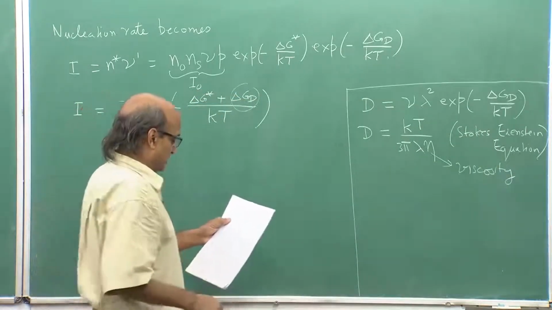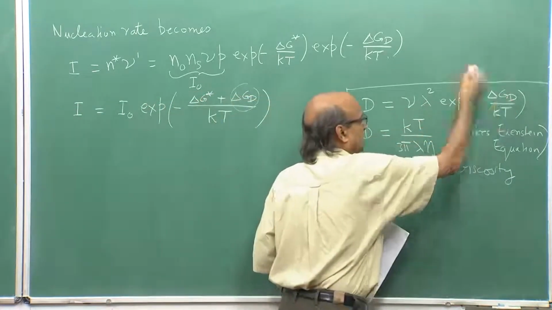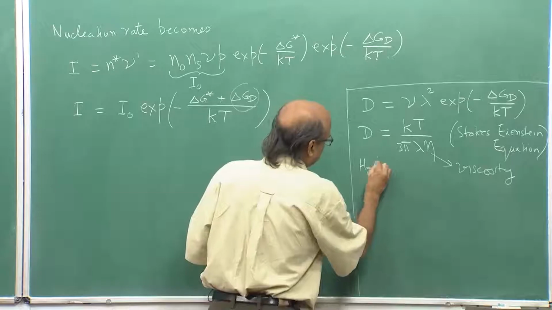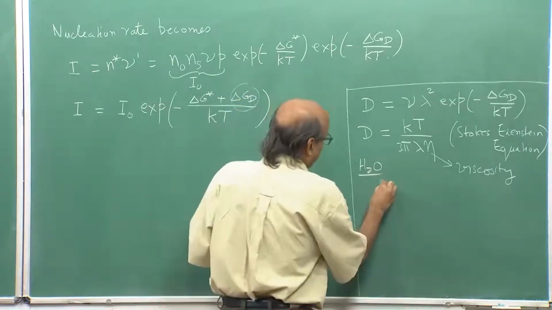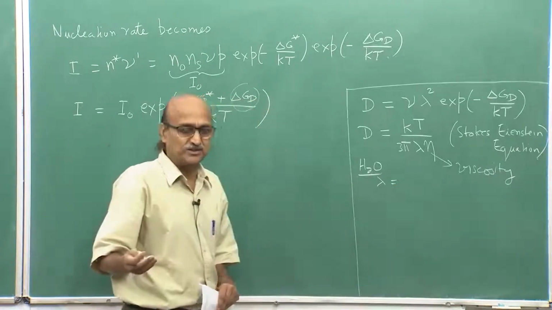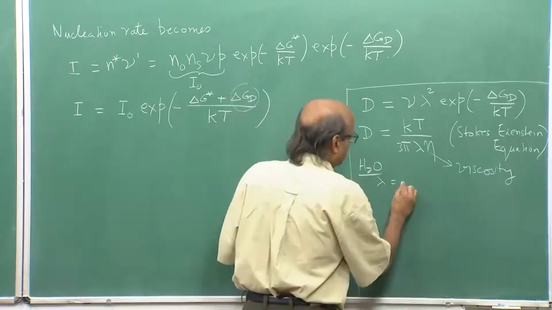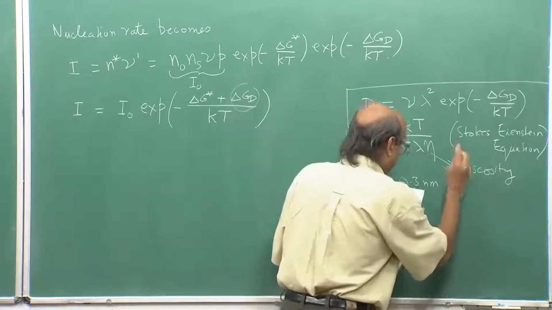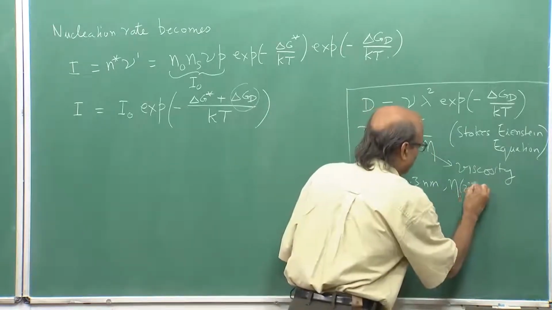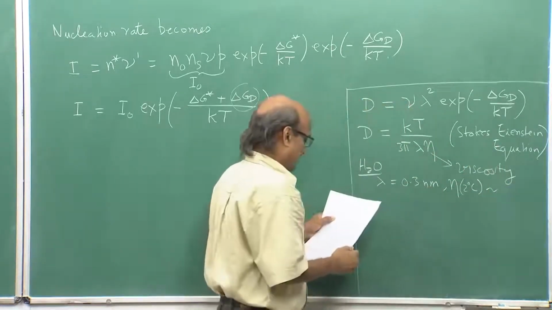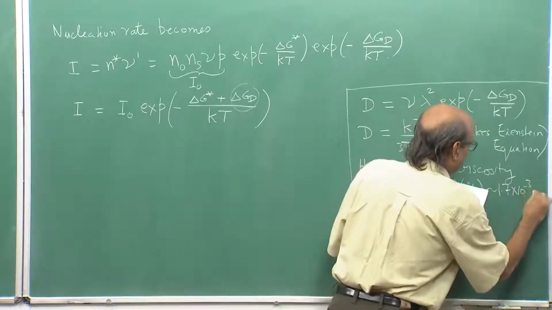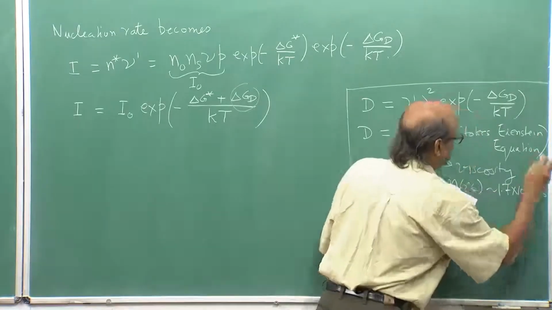So, if I were to estimate what is delta GD for, let us say, the water ice system. So, lambda is the intermolecular distance. This is of the order of 0.3 nanometers. The viscosity of water at 2 degrees centigrade is 1.7 into 10 to power minus 3 Pascal second.